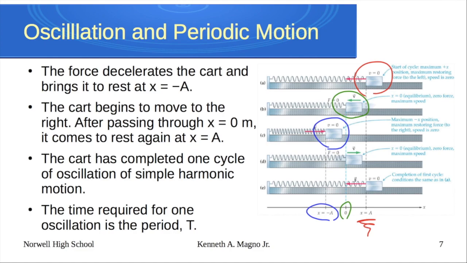We start moving back the other way because that force now wants to accelerate the object. We get back to the middle here, I'm moving back, and then I eventually get all the way to the other side, and I've now completed a full cycle. If I look, I've got this curved shape that starts to form as I complete the full cycle. The time for that oscillation would be the period, T.